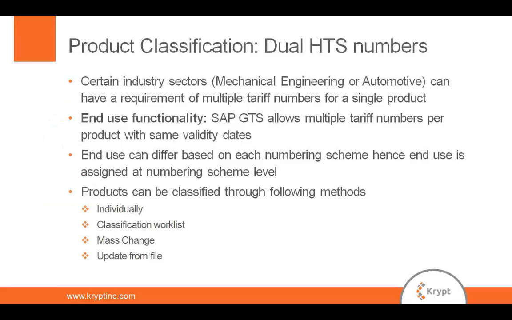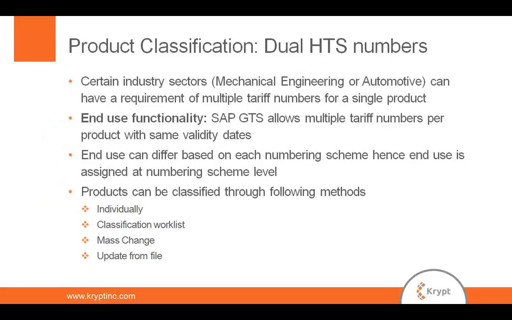You identify all the characteristics, whether it's time dependent, what text it could hold. As part of the numbering scheme, you also assign the end use. You could assign as many end uses as you want, and once you classify the product, it's going to show the end use. So you can choose HTS1 with a particular end use and choose a completely different HTS number with a different end use.